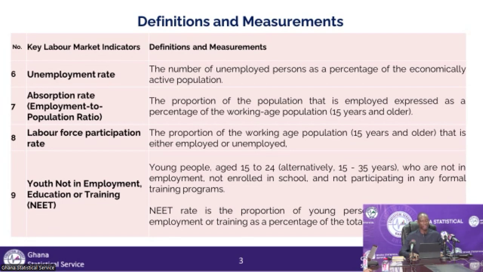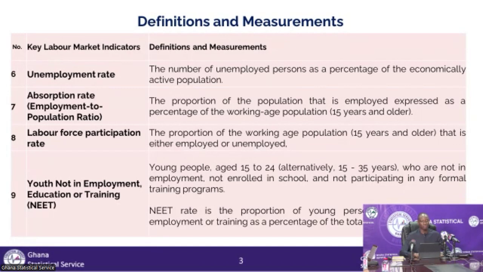And the NEET rate is basically the share of this number out of the total youth population. And we'd also be talking about underutilization, which captures people who are working but want more hours, or who are unemployed, or are available for work but not actively searching.